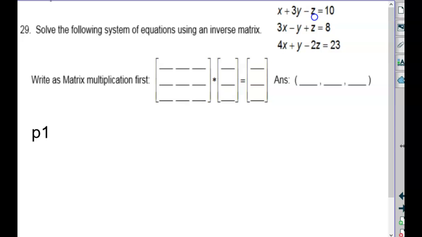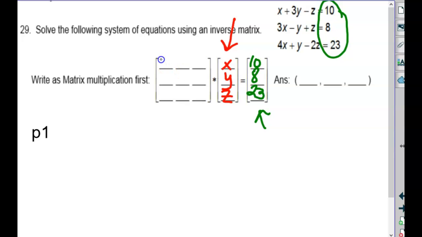Number 29: write as a matrix multiplication and then solve. What goes in this one? X, Y, and Z. Over here goes the answers from the equations originally. So 10, 8, and 23. Then these were the coefficients: 1, 3, negative 1, 3, negative 1, 1, 4, 1, negative 2.